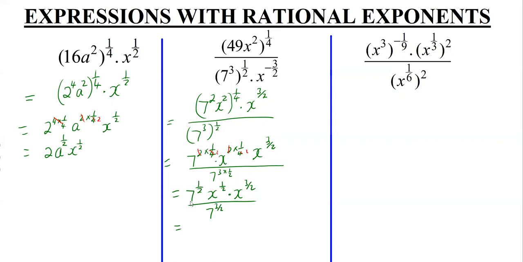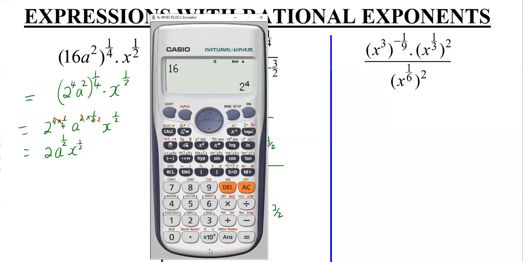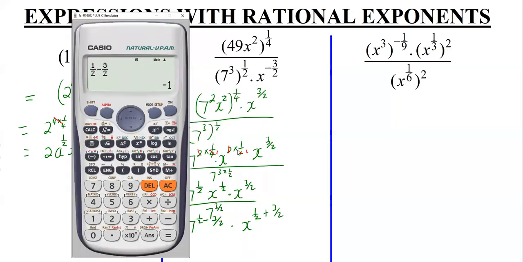Then from there now, deal with the numbers first. 7, 1 over 2 minus 3 over 2 times x 1 over 2 plus 3 over 2, because here we are multiplying, okay? So what are we going to be getting here? If you punch there, 1 over 2 minus 3 over 2, we get negative 1.